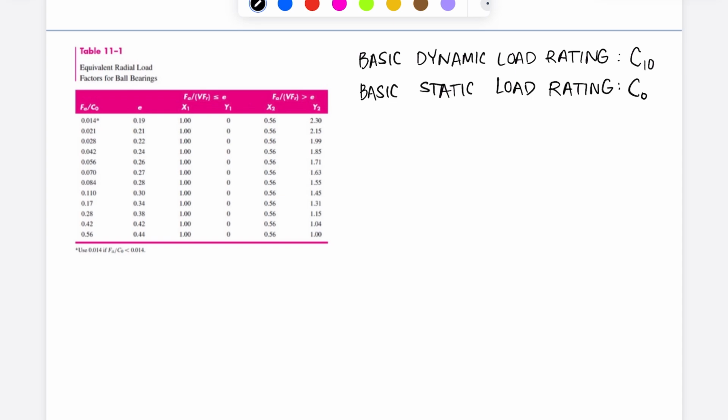And this is the load that corresponds to a total permanent deformation in the raceway and rolling element at any contact point that is equal to about 0.01% of the diameter of the rolling element. So in other words, this is the static load that corresponds to a permanent deformation, a permanent yielding of the raceway and rolling element that is a certain percentage of the diameter of the rolling element. So let's write that out.